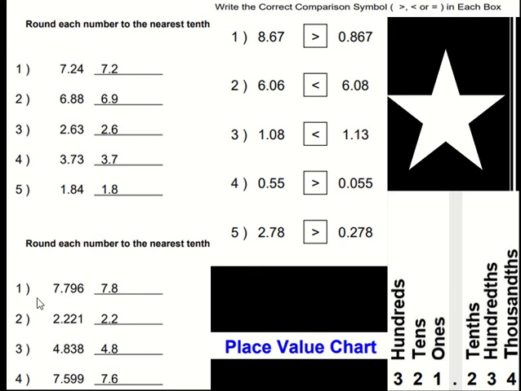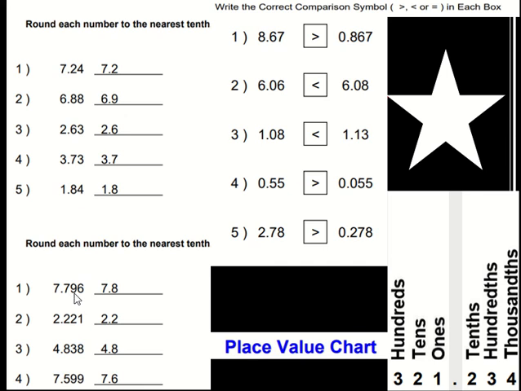Down here, don't be fooled and don't be confused by the additional numbers. Just focus on whatever the directions are asking you for. In this case, they want you to round to the nearest tenth, and that tenth place is going to stay the same, no matter how many numbers you place after it. It's still going to be the tenth place right here.